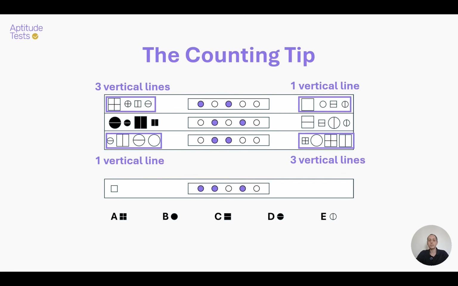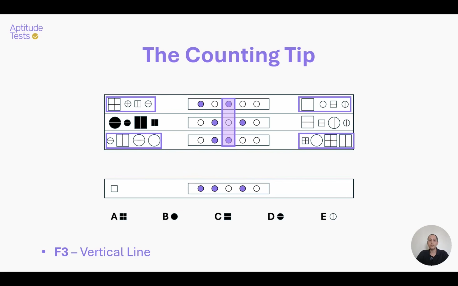And that tells me that in these 2 rows, I have the vertical line function activated. And the only button that is shared among these 2 rows is F3. And that immediately tells me, only by counting the number of shapes, that F3 is the vertical line function.